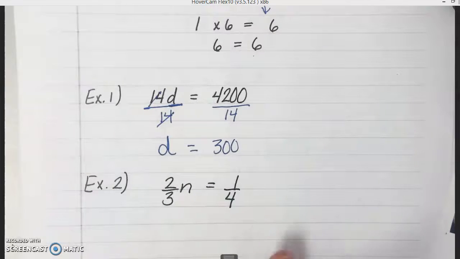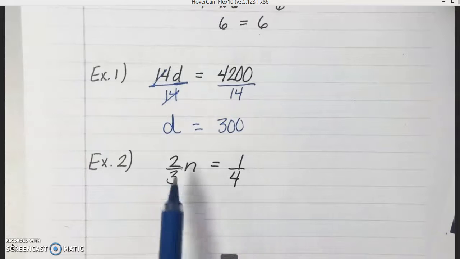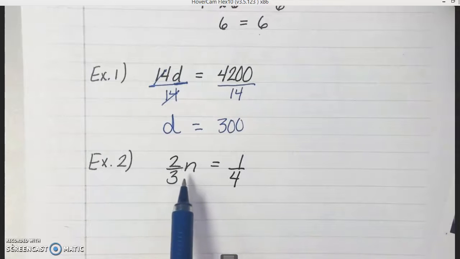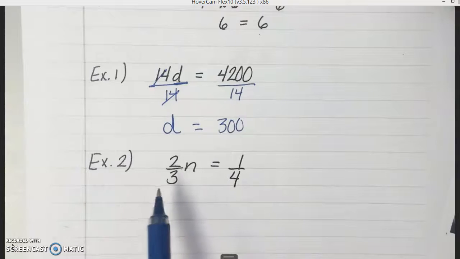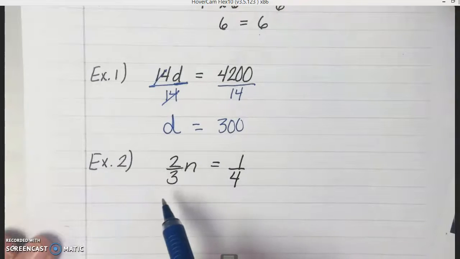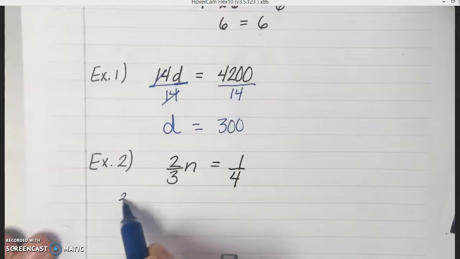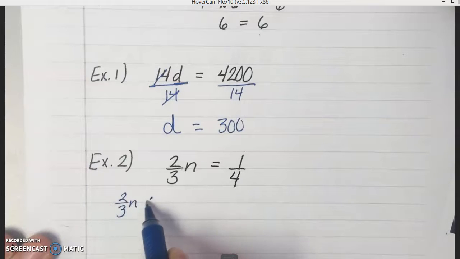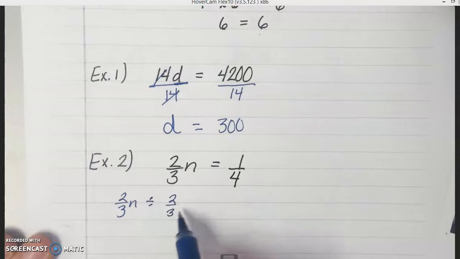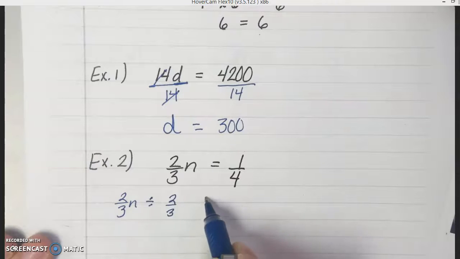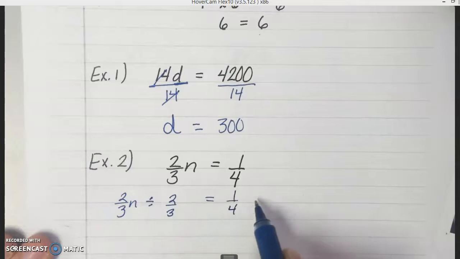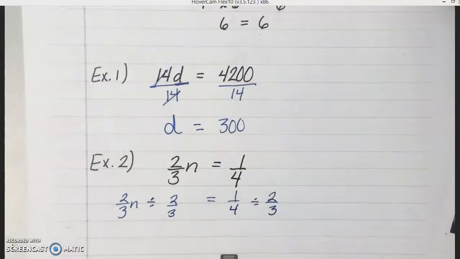Now, this next one, we're also multiplying. My coefficient this time is 2/3, and I'm multiplying by n. So I'm still going to have to divide, but with fractions, usually it's easier to go ahead and rewrite it like this. So we're going to say 2/3 n divided by 2/3, and on this side we have 1/4, and we're dividing by 2/3. So go ahead and write that down.